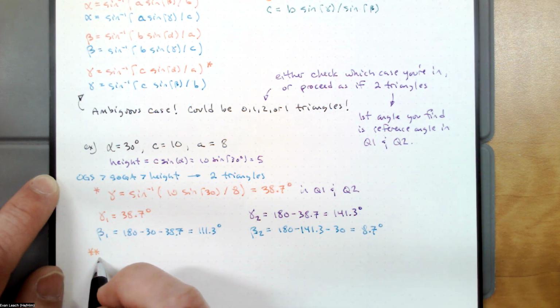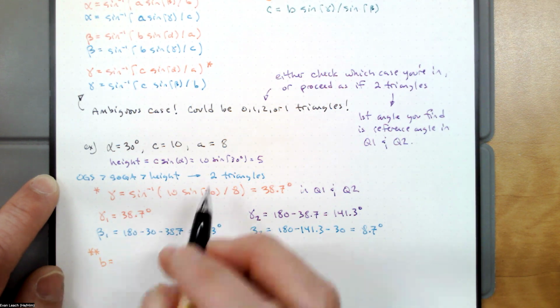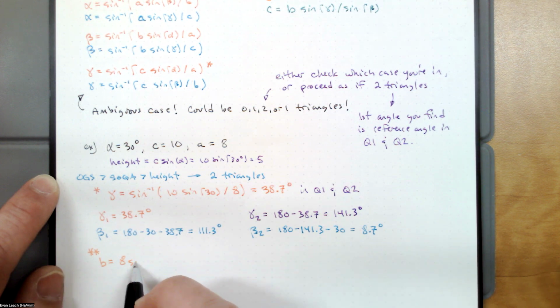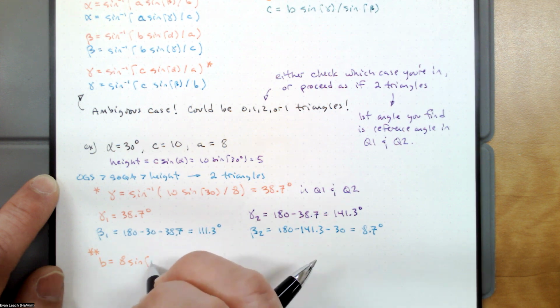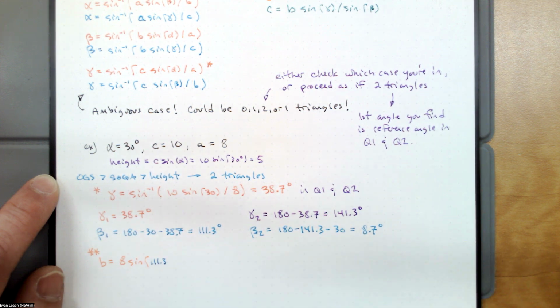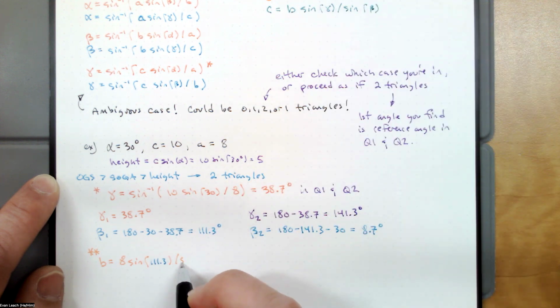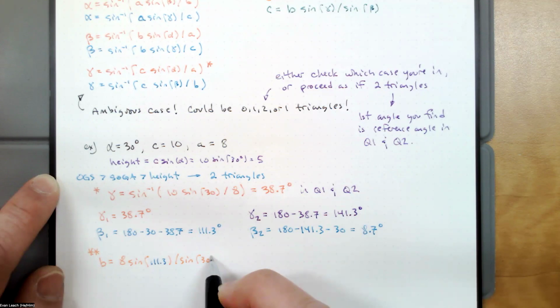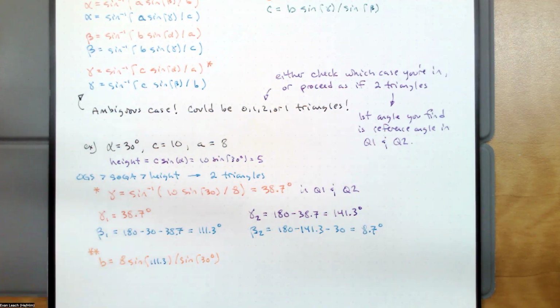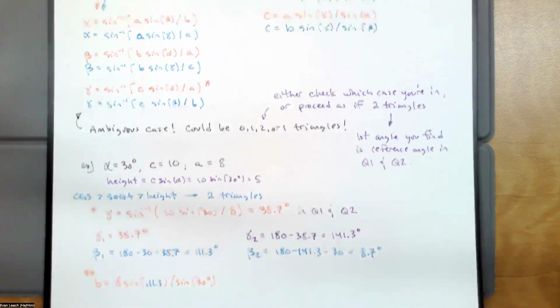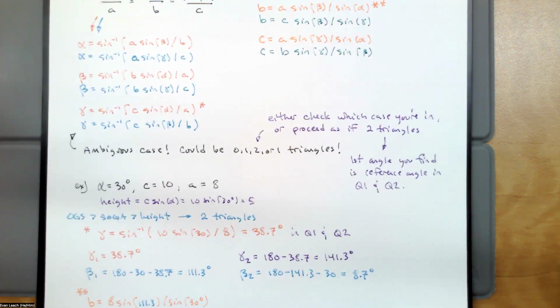So B is A times the sine of beta divided by sine of alpha. B is A sine beta divided by sine alpha.